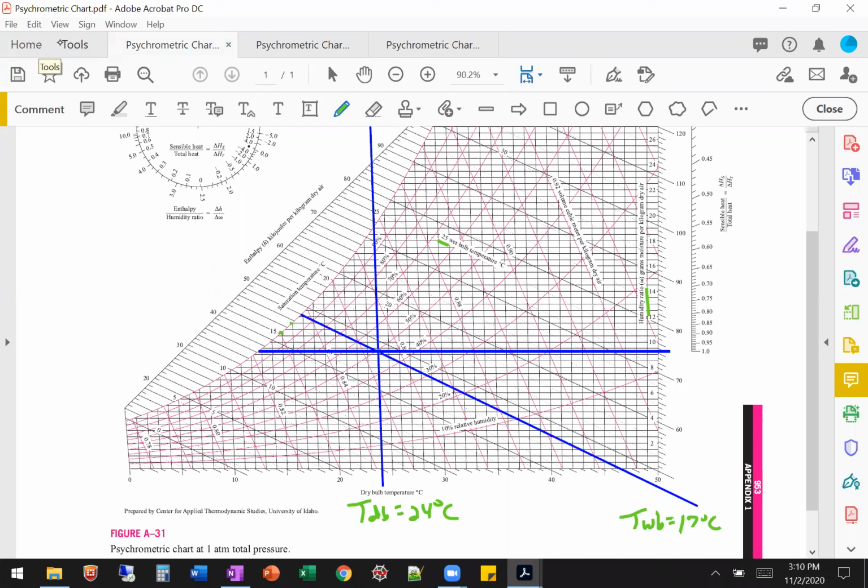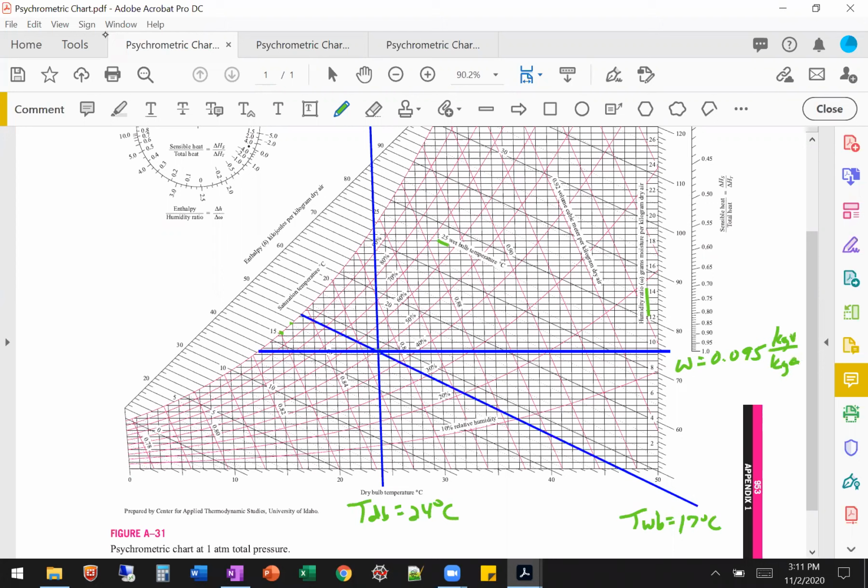We see 8 right there, and there's 10 up here, so 9 would be the second line in between, so we're about half. So this looks like maybe 0.095, and that's kilogram vapor per kilogram dry air.